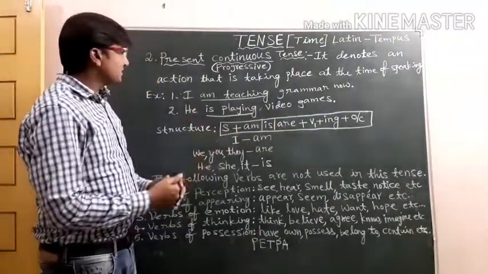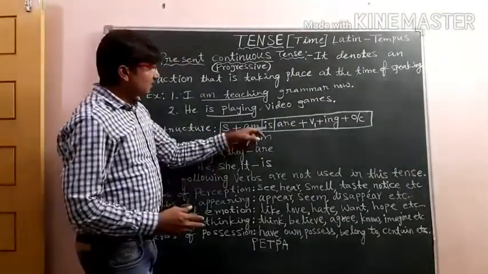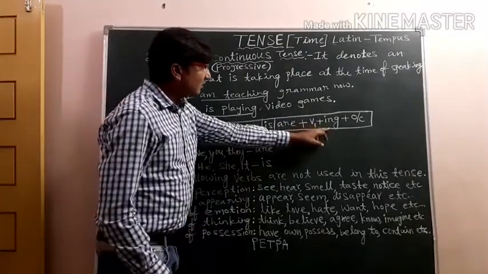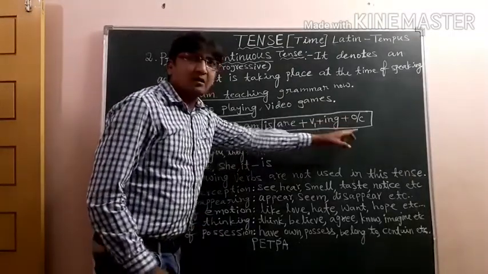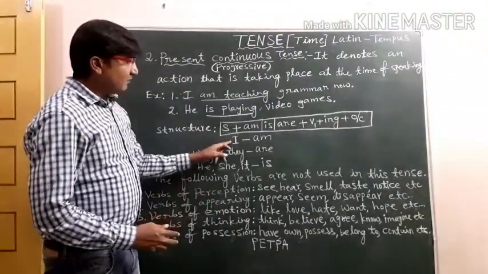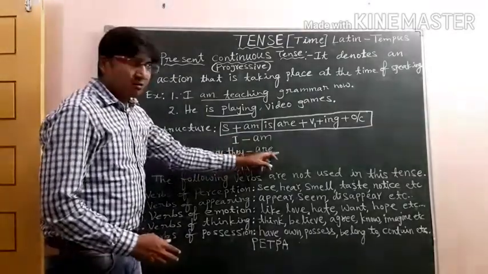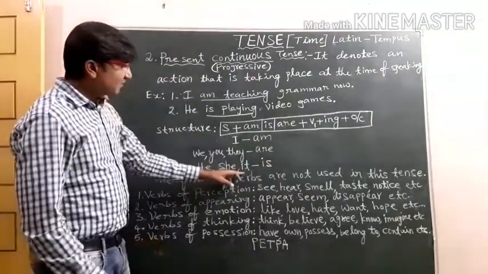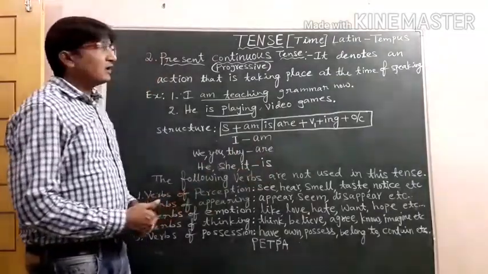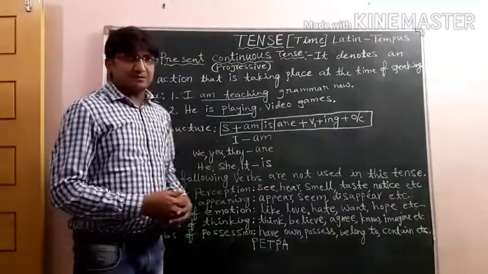For this tense, the structure is subject plus am or is or are plus V1 plus ing form of the verb plus object or complement. After I we take am, after we, you, they we take are, after he, she, it we take is. So like this we can make n number of sentences even in this tense.